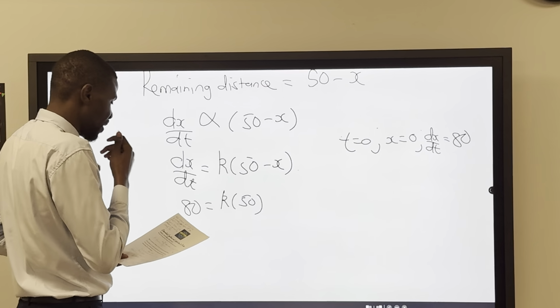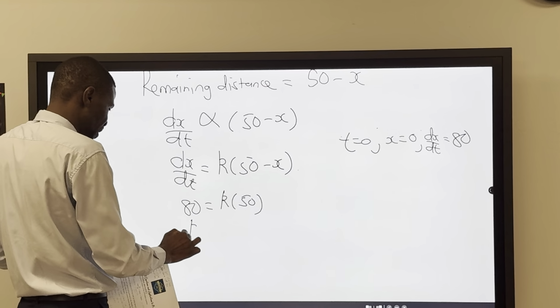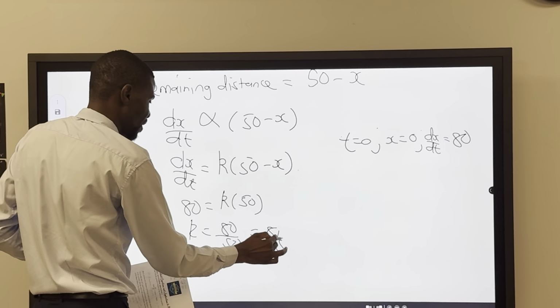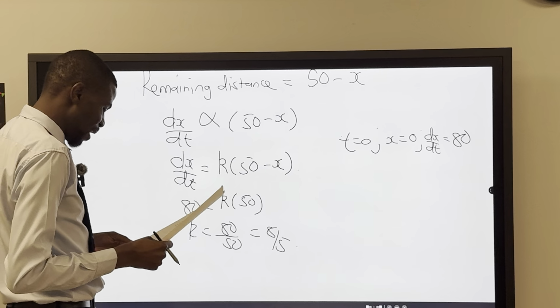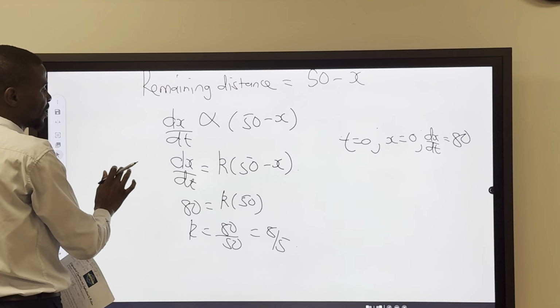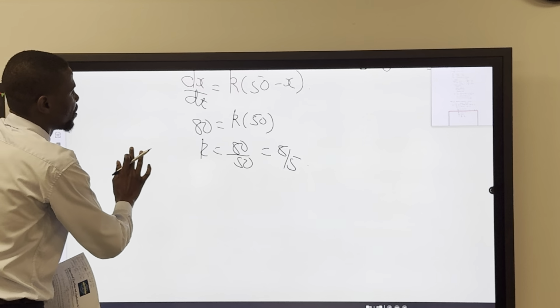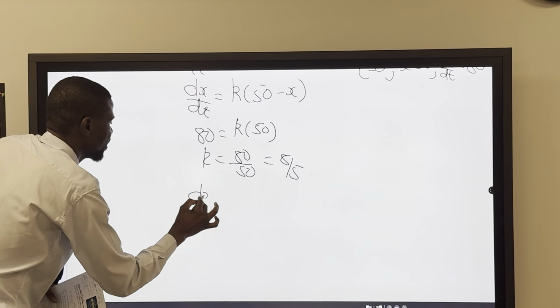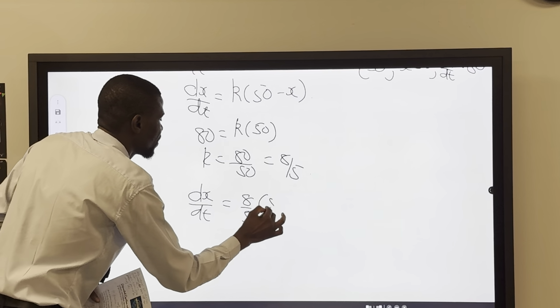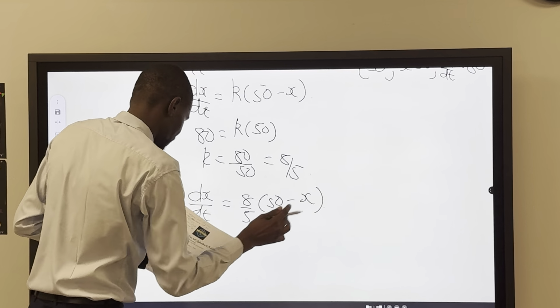So k is equal to 80 over 50, which is 8 over 5. So let's write dx/dt = 8/5 (50 - x).